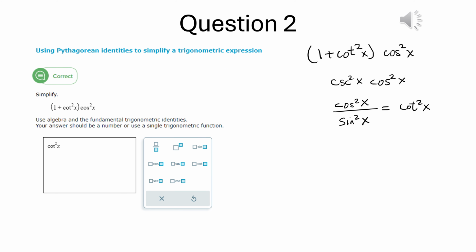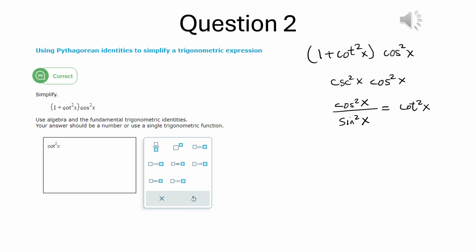Okay, this is also easy because you use the Pythagorean identity. I know that 1 plus cotangent square x is equal to cosecant square x. So you replace it. However, cosecant square x times cosine x.